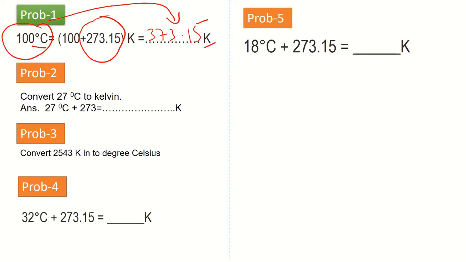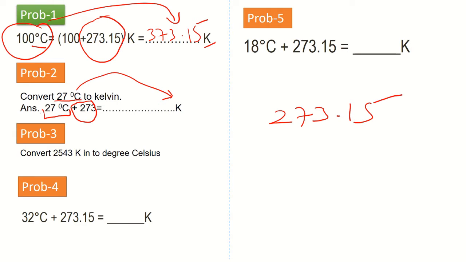They are same. Now the problem number 2, convert 27 degrees centigrade to Kelvin. This temperature you have to change into the unit of Kelvin. So write your temperature in degree centigrade, then every time you have to add the number 273.15.